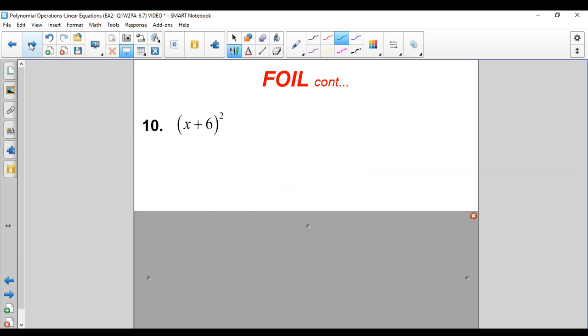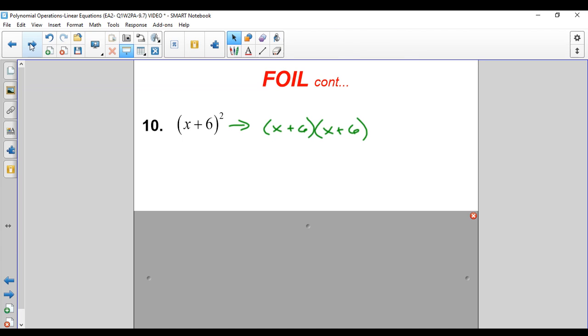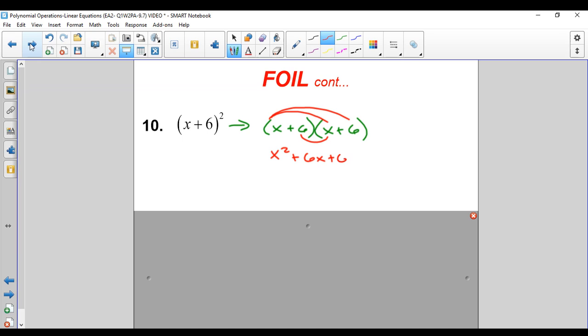Now, foiling still, but these ones you really need to watch yourself. X plus 6 squared means x plus 6 times x plus 6. So you FOIL that out. You get x squared plus a 6x plus another 6x and then plus a 36.